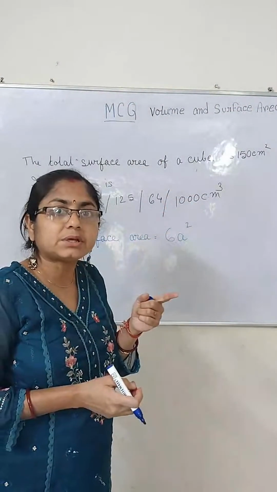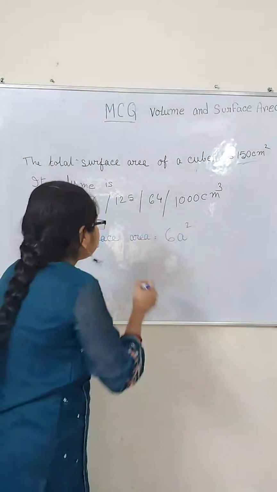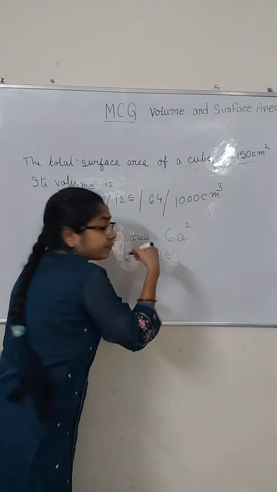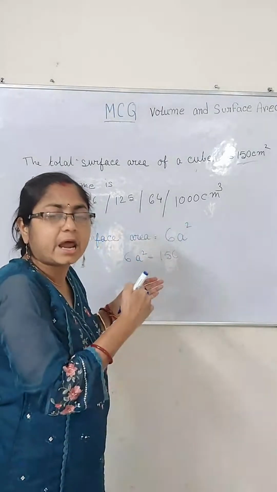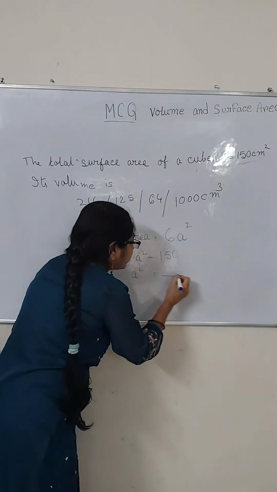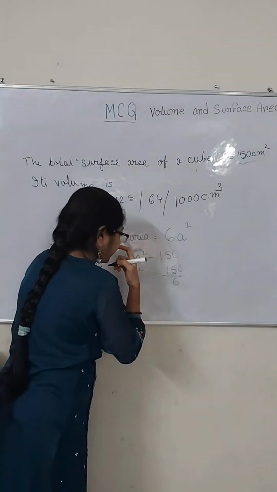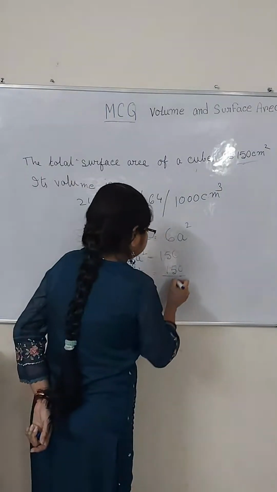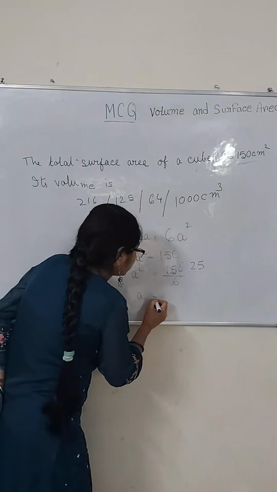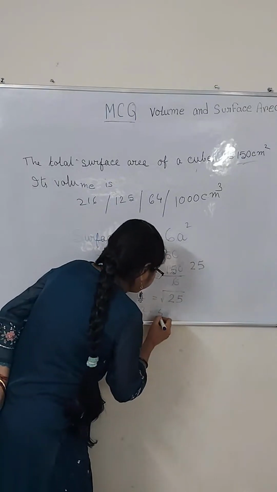And the value of the surface area here is 150. So I can write 6a square equal to 150. In my previous class I told you when you shift any number, the sign changes. So a square is 150 divided by 6, it is 25. So a is equal to root over 25. A is equal to 5.